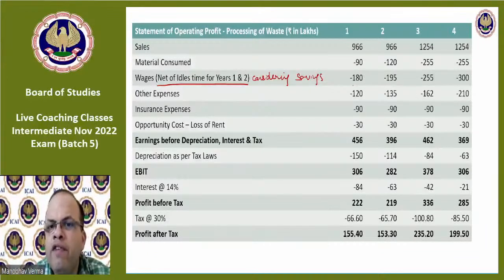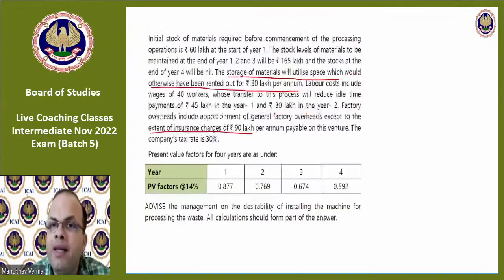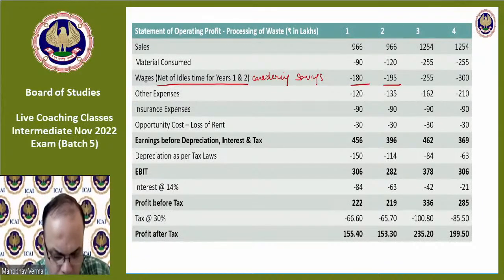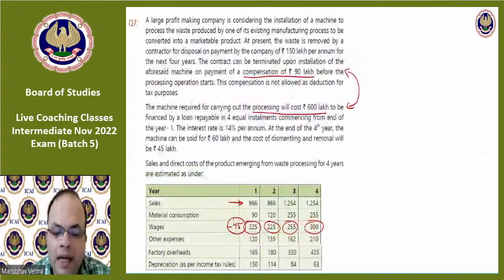So it was 225 and 225, but we are mentioning 180 and 195 here. And third and fourth year remains the same, guys. Everyone okay with wages here? And then we talk about other expenses, which is again taken as is: 120, 135, 162, and 210.